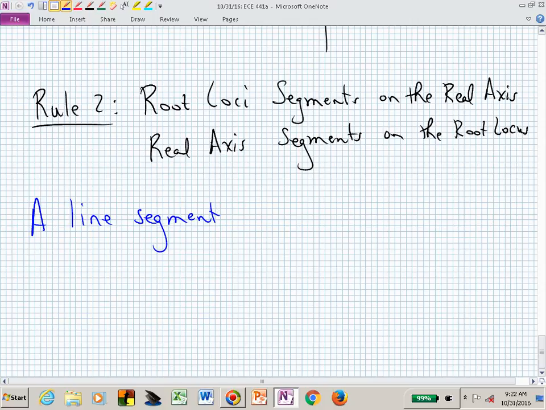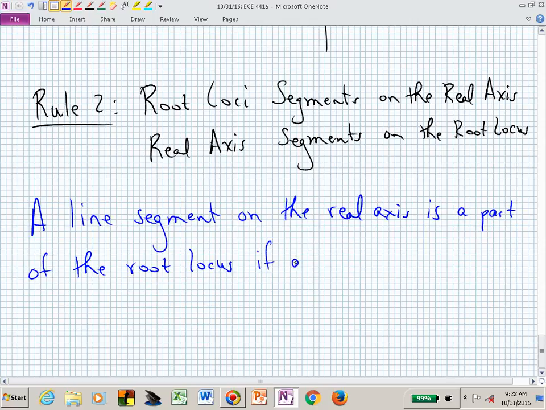A real axis line segment, or a line segment on the real axis, is a part of the root locus if and only if an odd number, and that's a mathematical odd, that's not odd in the sense of strange. Odd is 3, 1, 5, just so that we're clear.